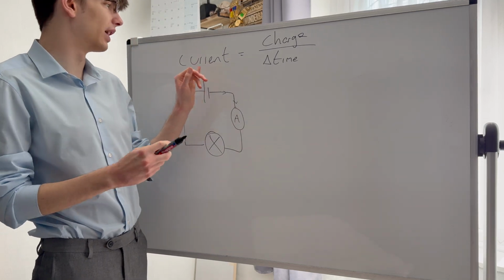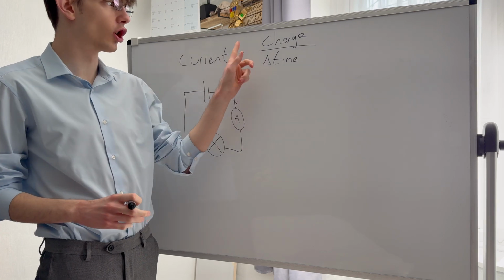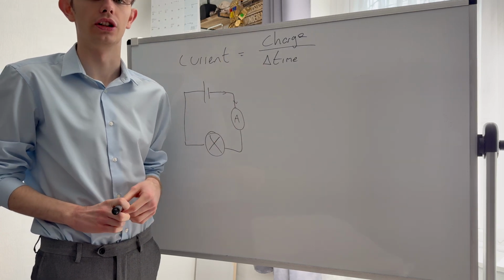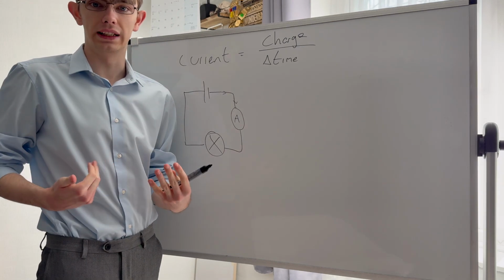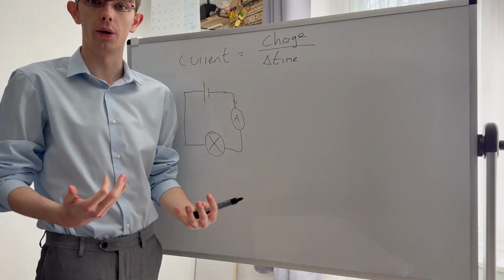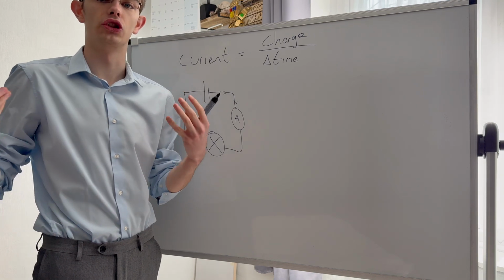And that is quite simply the definition of current, the amount of charge passing by me in a certain amount of time. So the higher the current is, the more charge is flowing, the more electricity is generated.